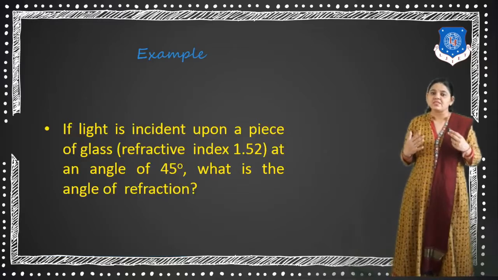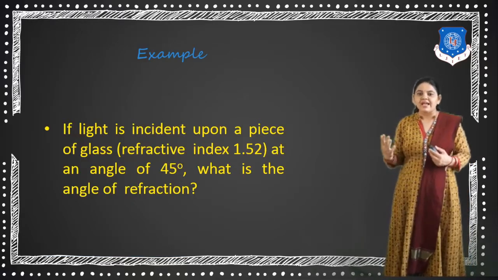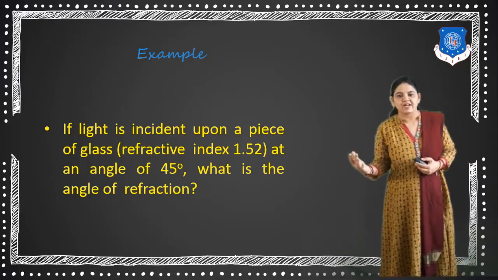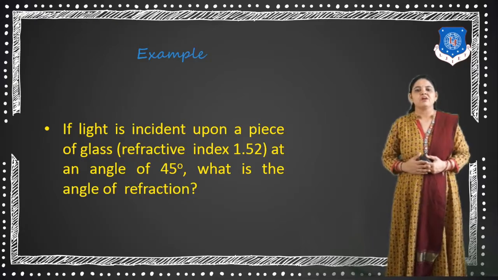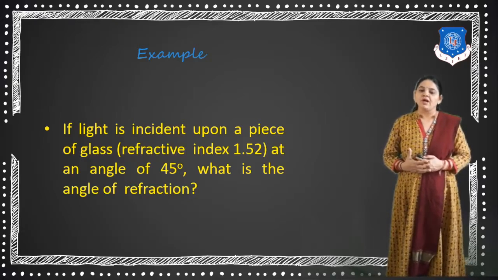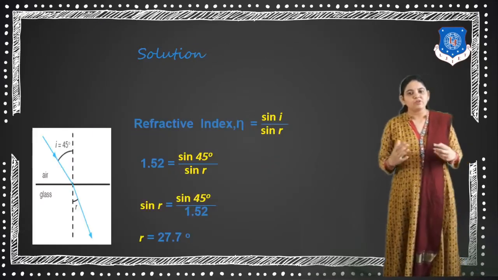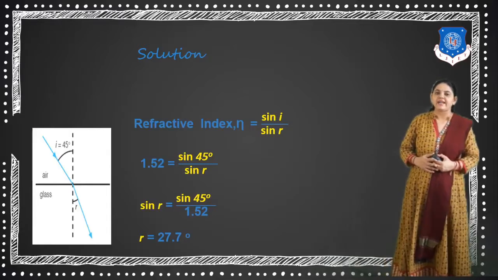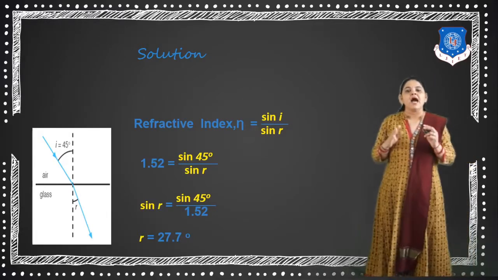So, if the incident light... you can always start with an example. For example, if light is incident upon a piece of glass with refractive index 1.52 at an angle of 45 degrees, what is the angle of refraction? We know the formula of the refractive index: eta is equal to sine i upon sine r.